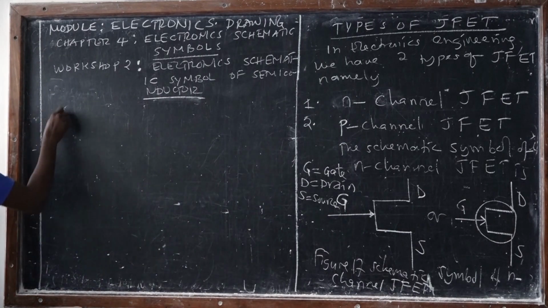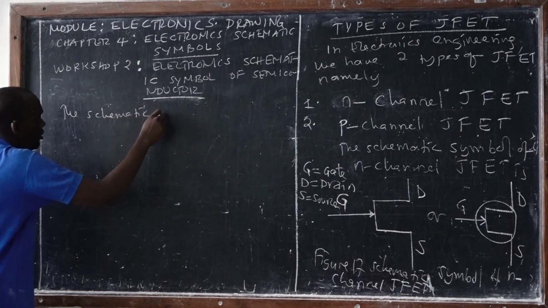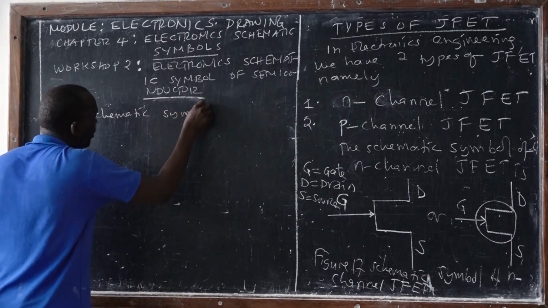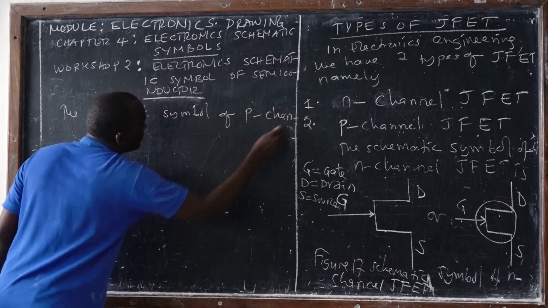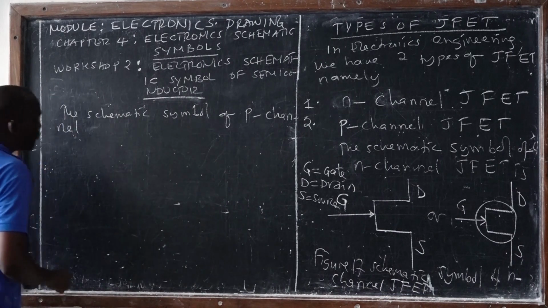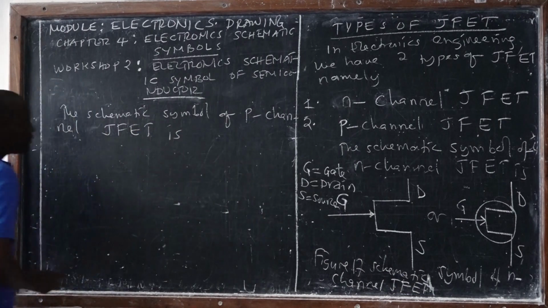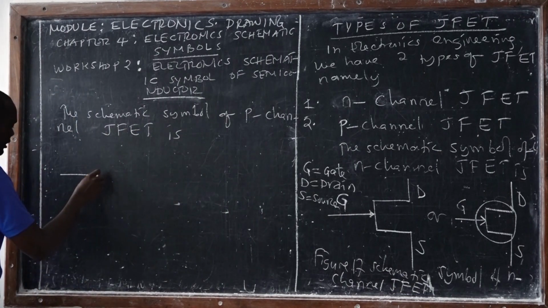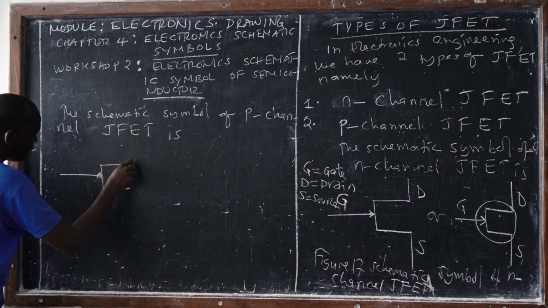Okay. The schematic symbol of P channel. Say P channel. The schematic symbol of P channel junction field effect transistor is this one. So this is the schematic symbol, simple for you to draw once you have the schematic symbol of the N channel.